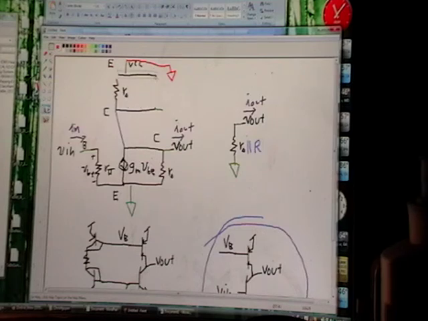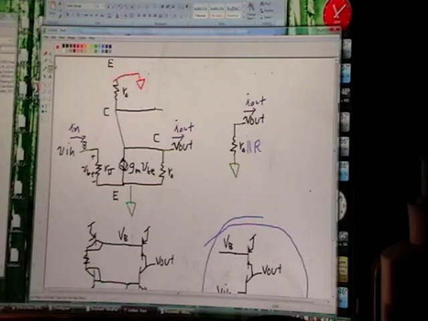And right about now you're thinking, this looks pretty much exactly like the passively loaded common emitter amplifier, except instead of R, there's RO.